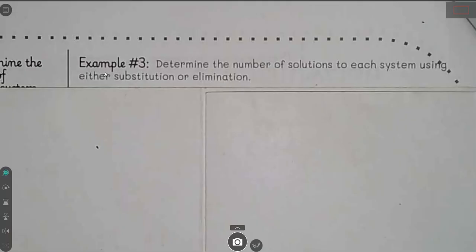Give me an answer. Just put it on a board. Hold it up when you have it, okay? It's either one solution, no solution, or infinitely many solutions.